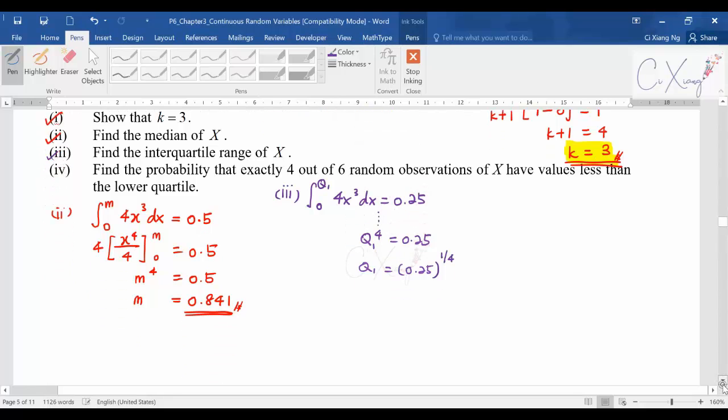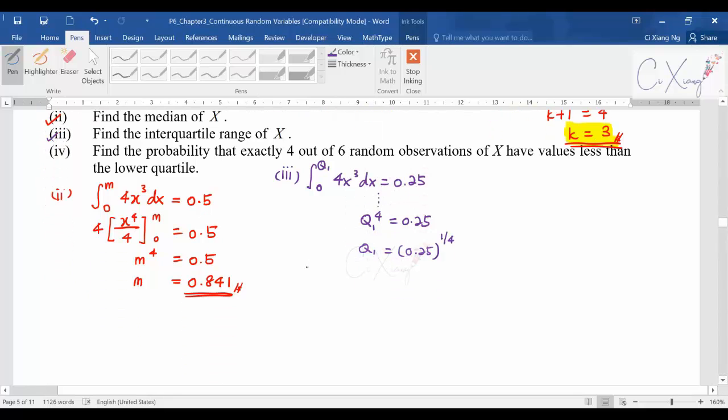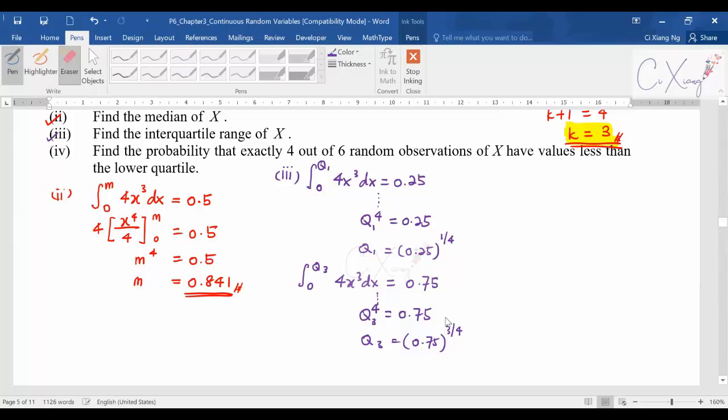Alright, then after that, I will get Q3. Integrate from 0 until Q3 for x power 3 dx, and it equals 0.75. So the same thing happens here. If you continue further, you get Q3 power 4 equals 0.75, and therefore your Q3 should equal 0.75 power 1 over 4, because you want to take the fourth root.